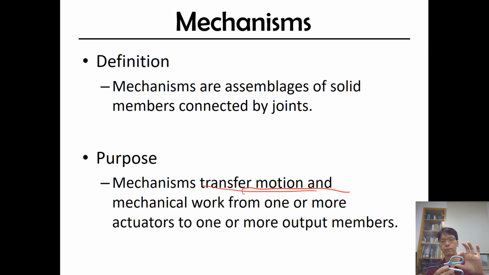So I input some work by my fingers here, and this blade will output some work and use the work to cut the paper or cut the wire. So that's how a mechanism works. And in the future, we'll introduce more mechanisms, and they will do different types of motion transformation and work transformation. But we'll see more mechanisms in the future.